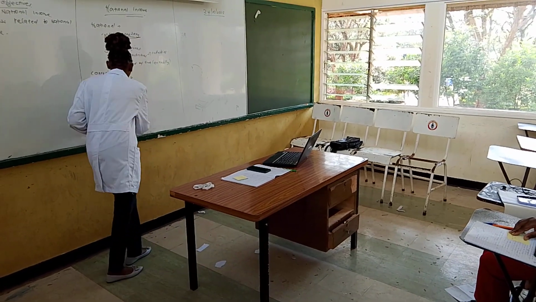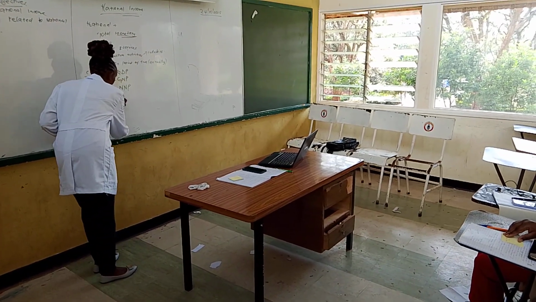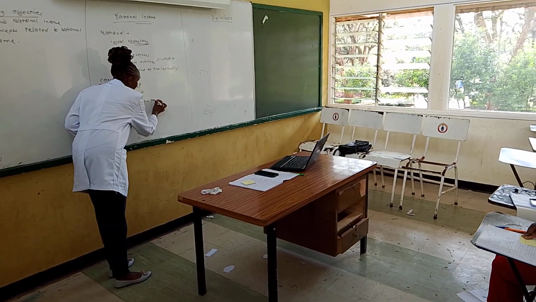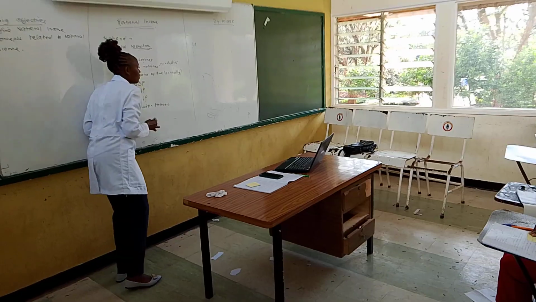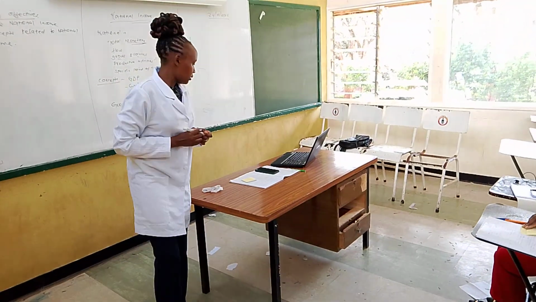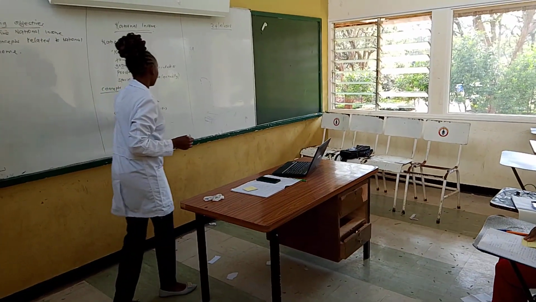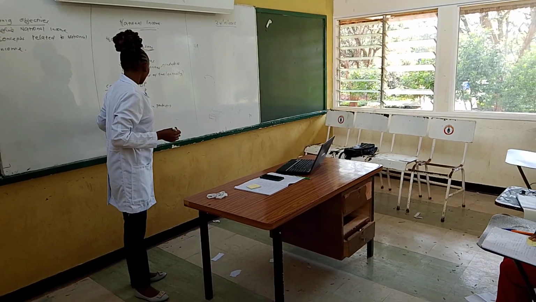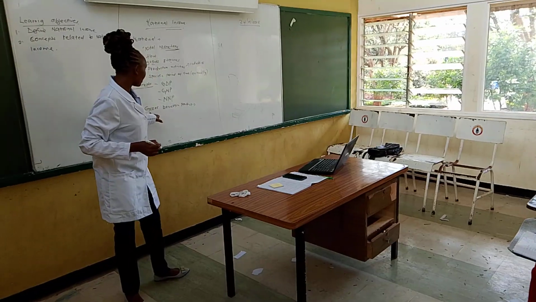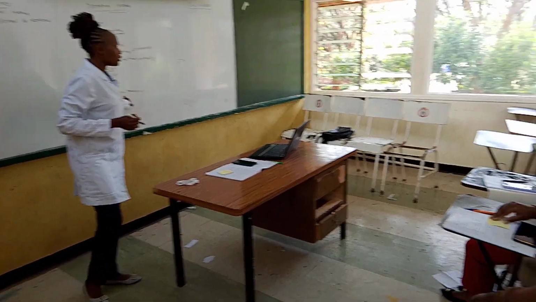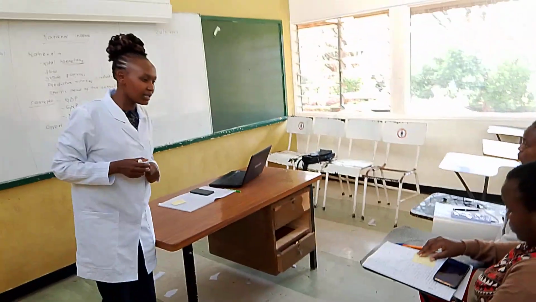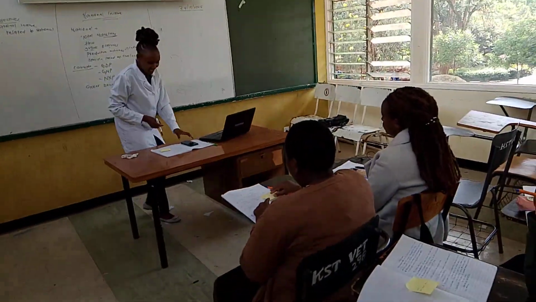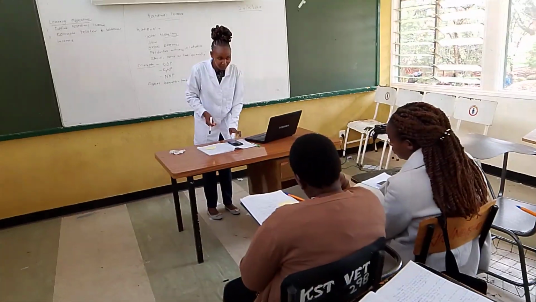So by the term gross domestic product, let me write. Can someone tell us what this means? When we say that we have measured a national income using the gross domestic product, what have we looked at? Class, any idea?